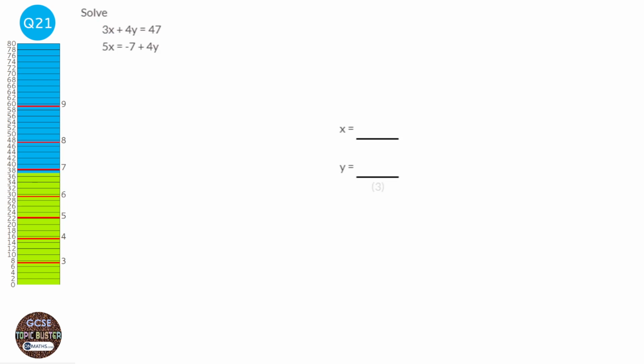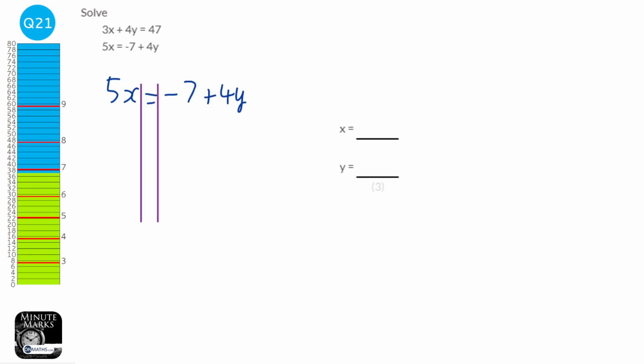So the first thing I notice is the second equation isn't really in the normal format for doing simultaneous equations. So I'm just going to rearrange it so that we have it where we want it to be. The first thing I want is the x's and y's on the same side.